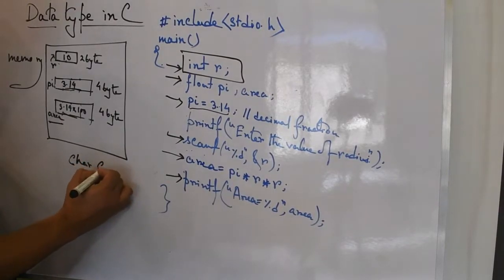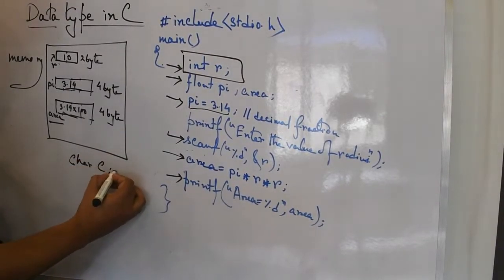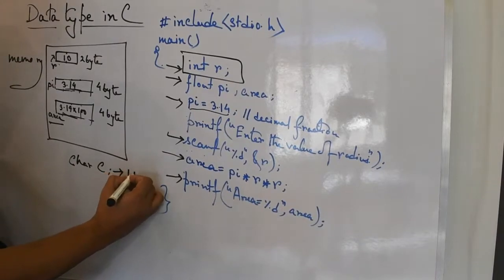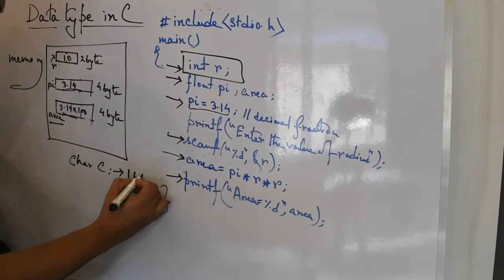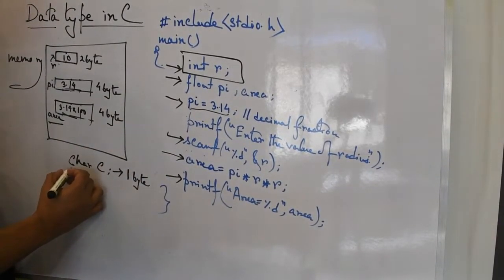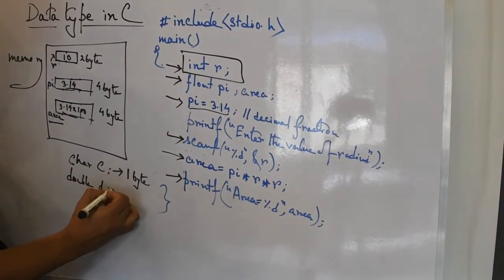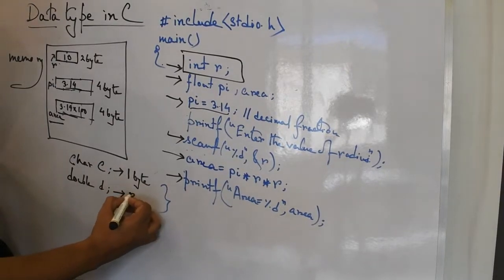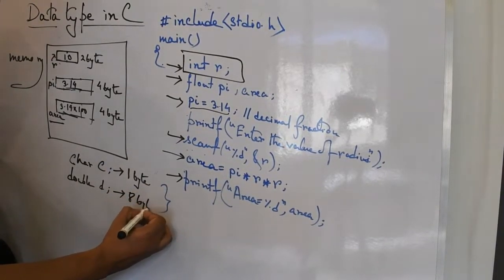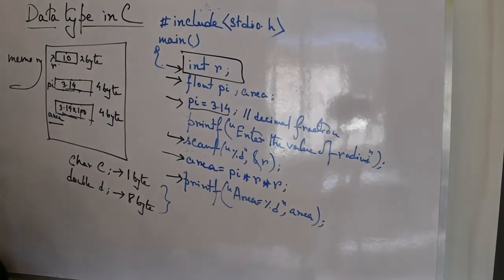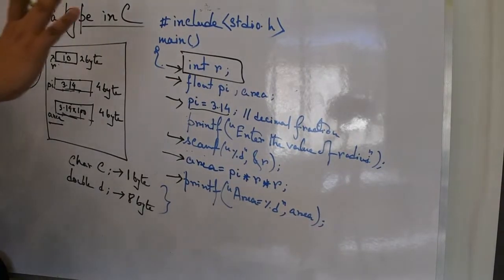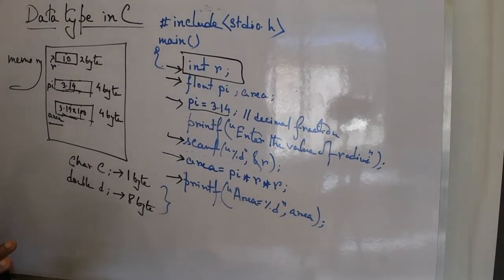For character c, it will assign 1 byte, which means 8 bit, and for double it will assign 8 bytes. So these are the basics of data types.